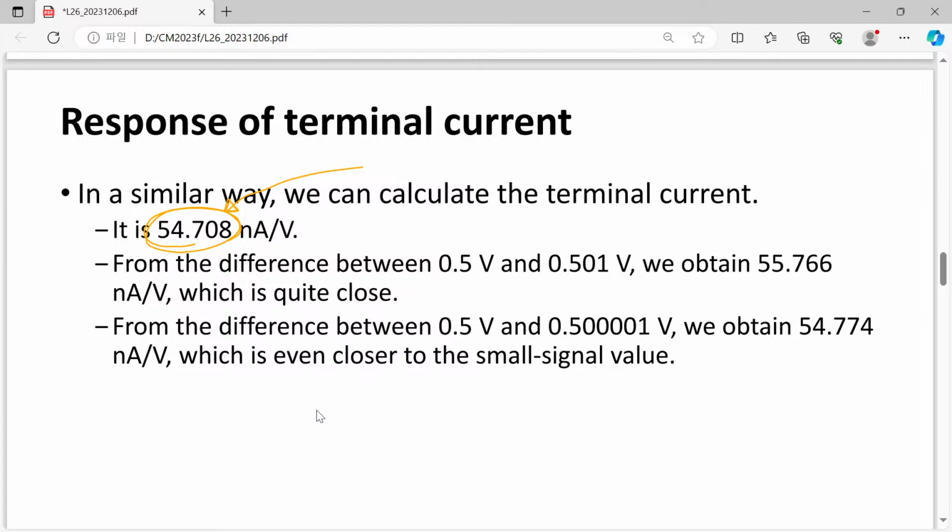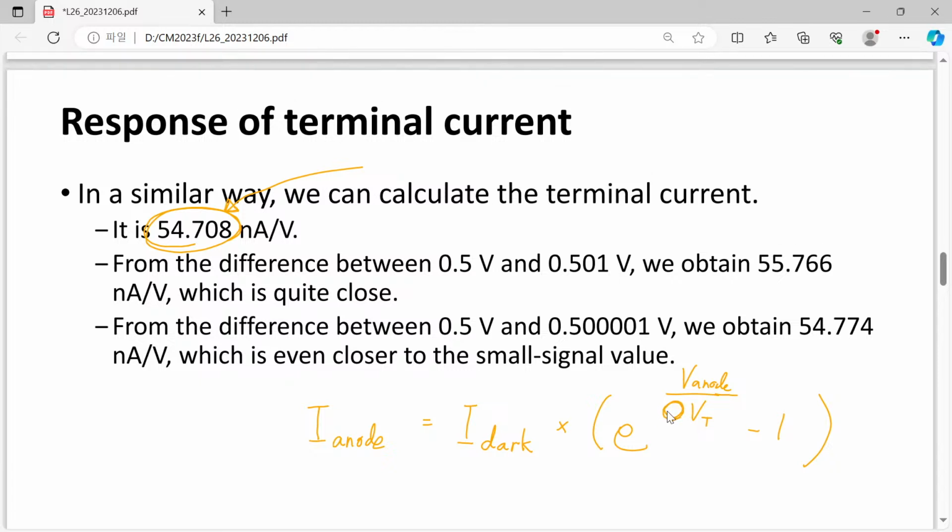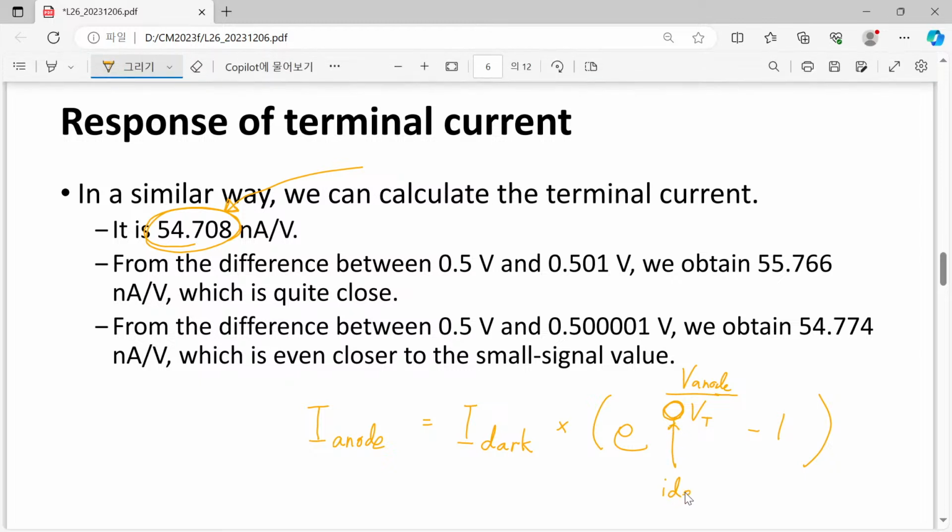So if you remember, your diode anode current is simply given by this one, your dark current times exponential of your anode voltage minus Vt divided by Vt. Here you have actually certain number, usually called as n or something, but here you have a certain number called as ideality factor.